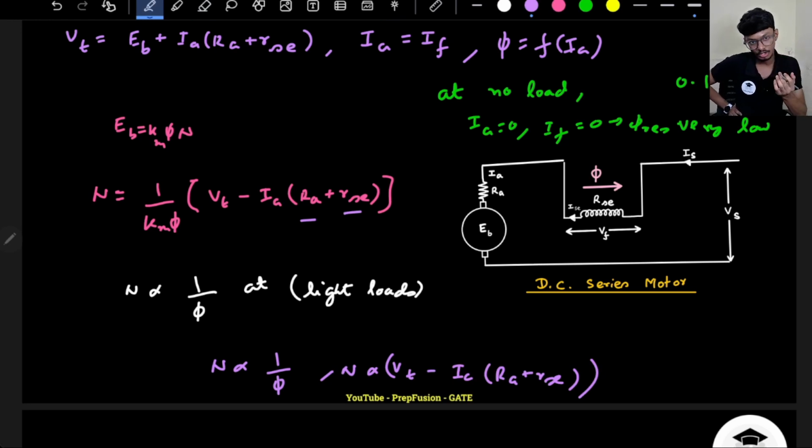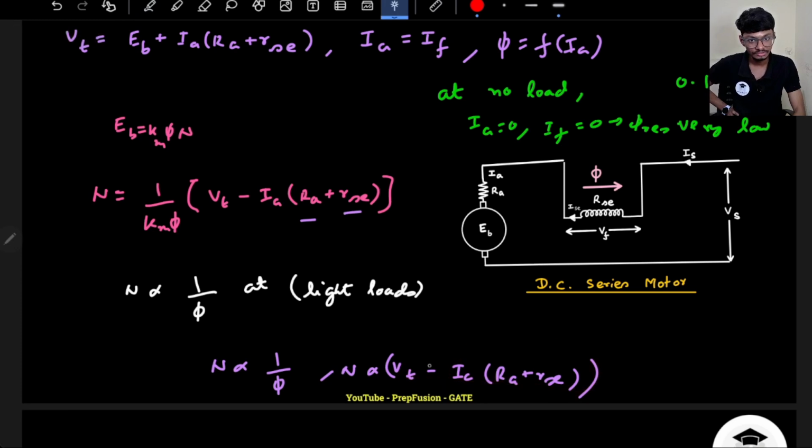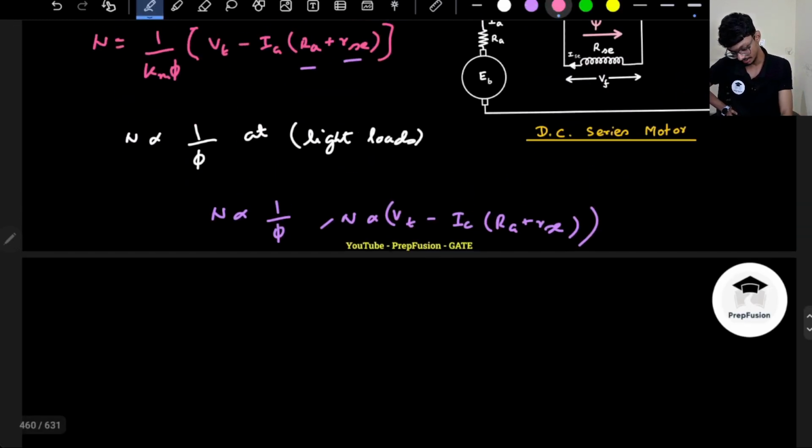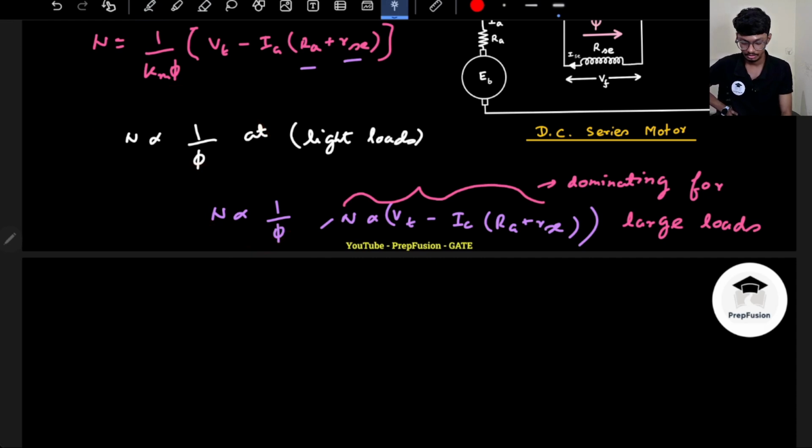So basically this Ia term will be dominating for larger loads, and for light loads the flux relationship will be dominating.